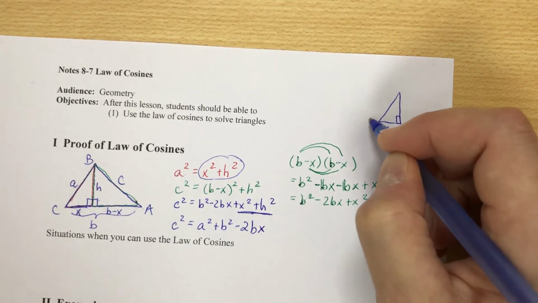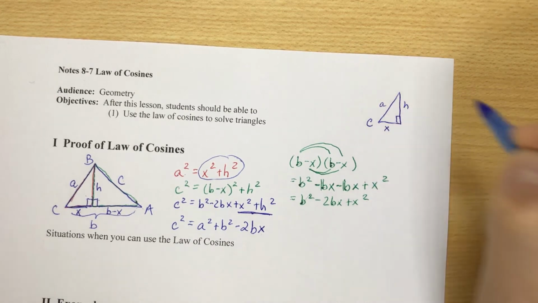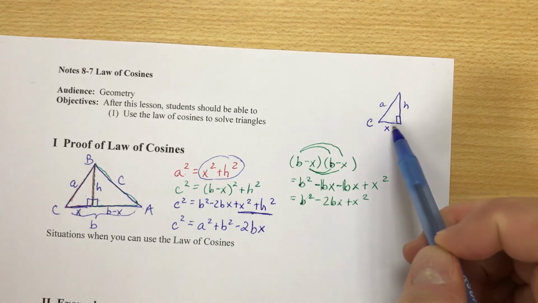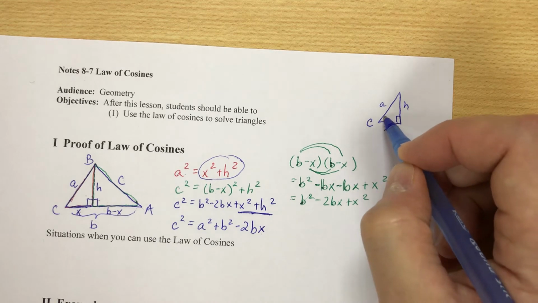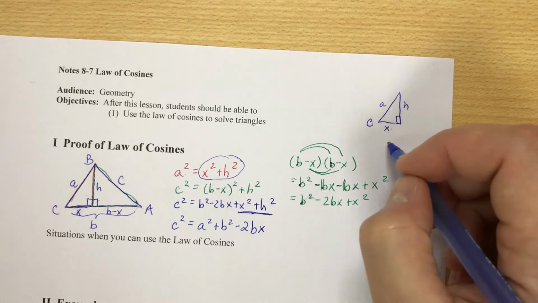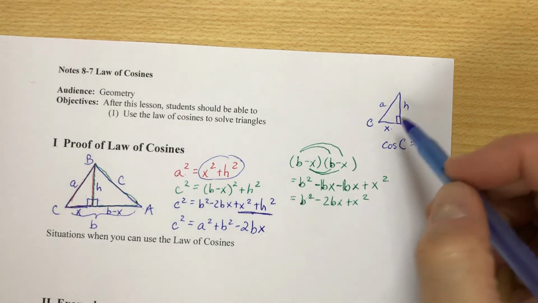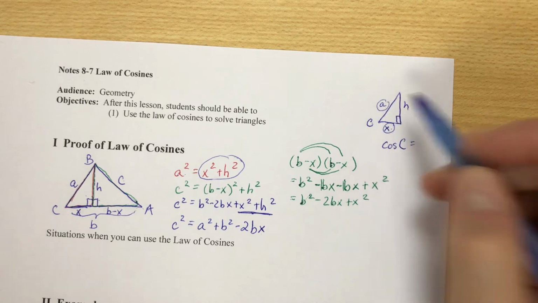There's x, there's c, that's angle C, here's a, and here's the height. I don't want to use x or h. Well, if I use the cosine of angle C, by SOHCAHTOA, cosine is the adjacent, which is x, divided by the hypotenuse, which is a.